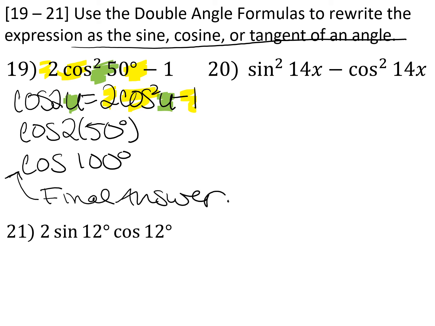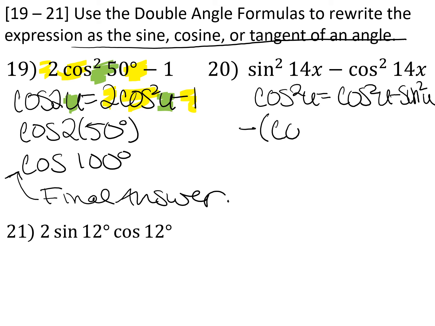Okay, 16 I don't love, and that's because the double angle identity says cosine of 2u equals cosine squared u minus sine squared u. See how the negative's in the wrong spot? If I take the negative out, then I would have cosine squared 14x minus sine squared 14x. And now I see that this part is exactly the same as this part.